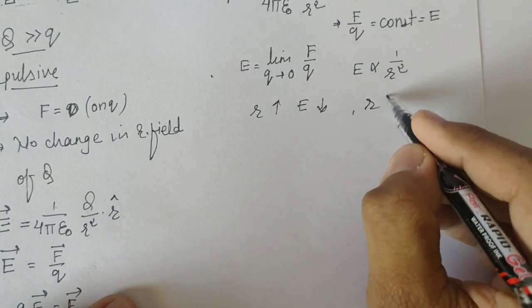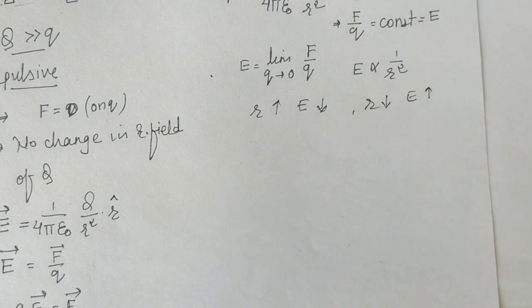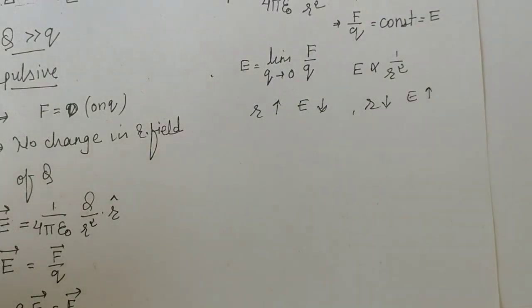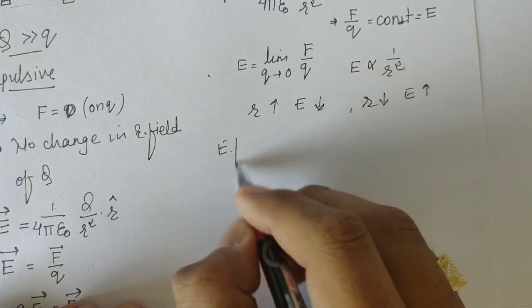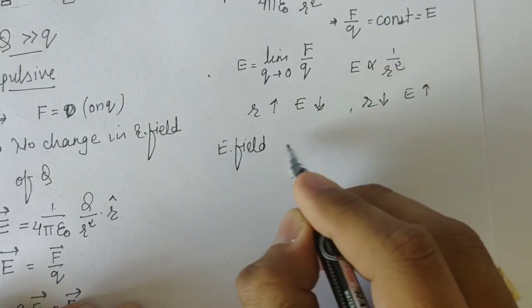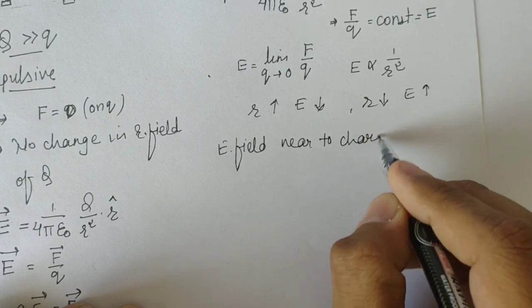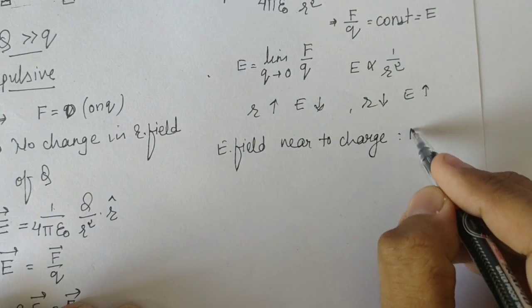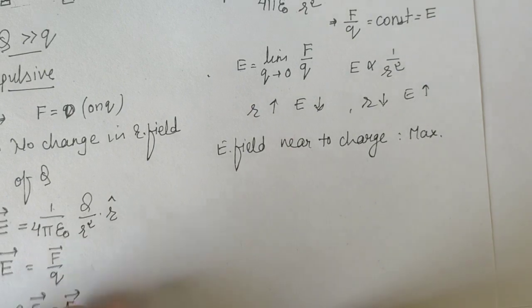As r decreases, E increases. Meaning the electric field near the charge is maximum.